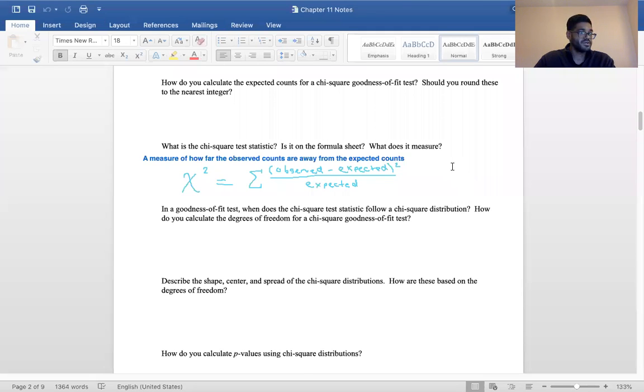This is on the formula sheet. Make sure you use expected counts and not proportions.